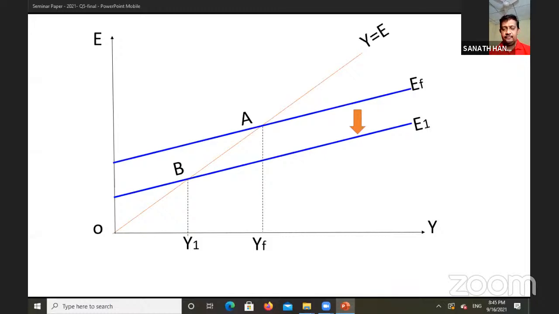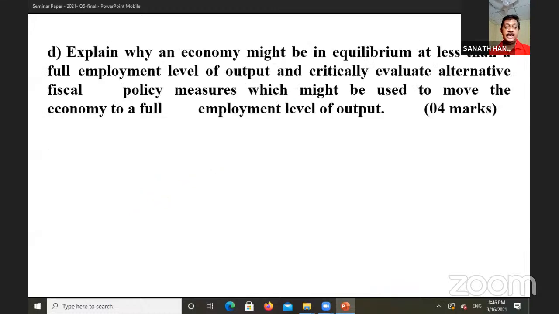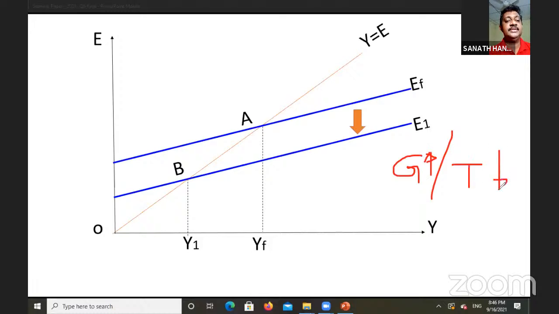The question asks about fiscal policy measures. What do you mean by fiscal policies? To bring this economy back, what can the government do? The government can implement two policies: increasing government expenditure or reducing tax.